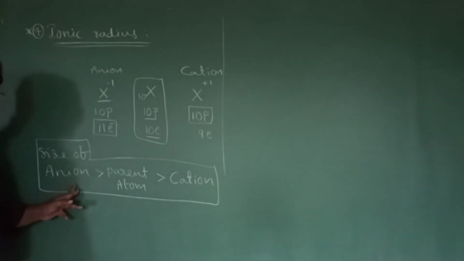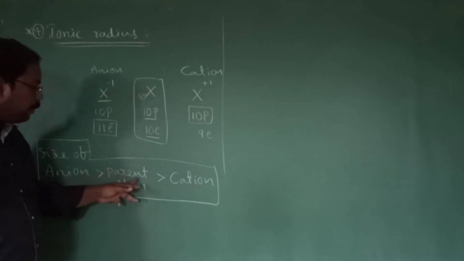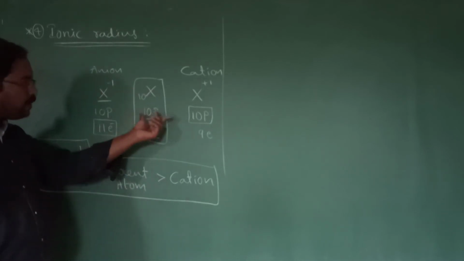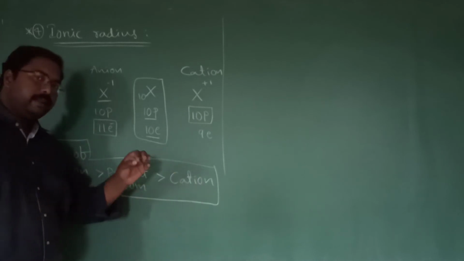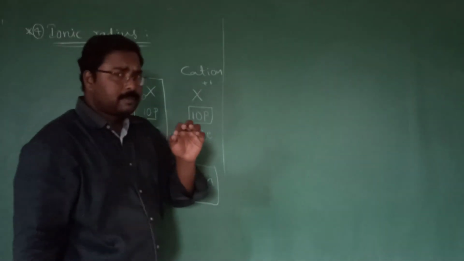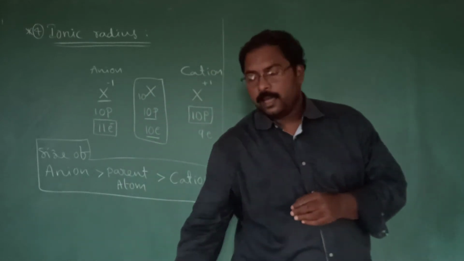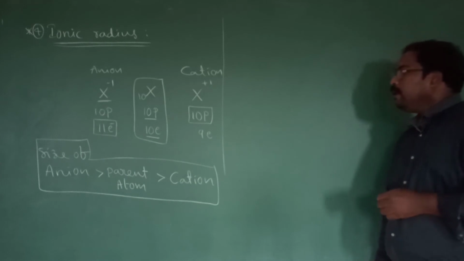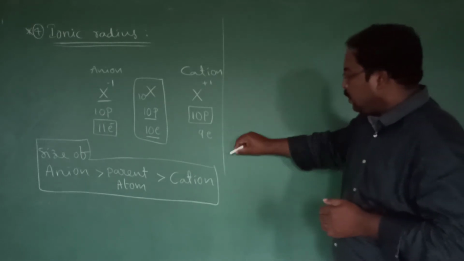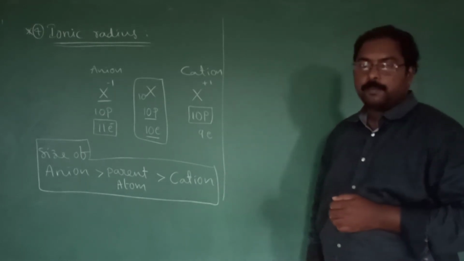The size of the anion is larger than the parent atom. Parent atom is the atom. So the cation always has a small size, and the anion will have a large size. Now let us discuss some examples.